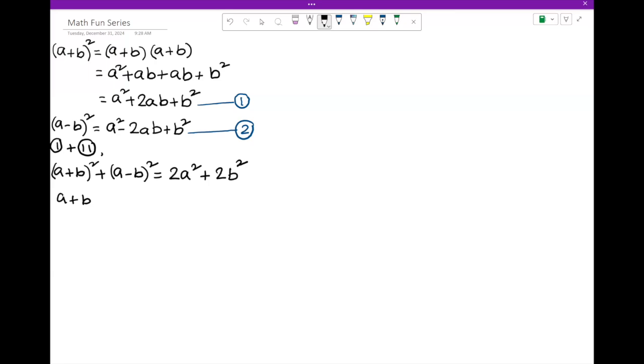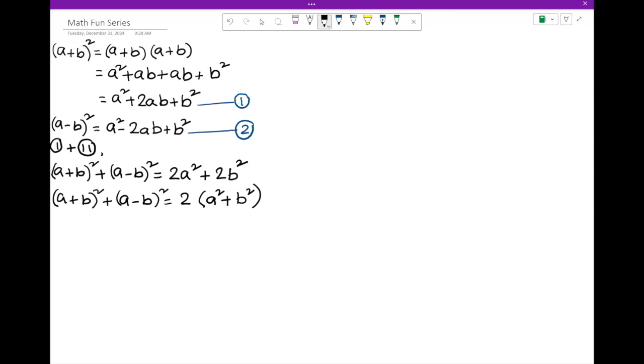So a plus b whole square plus a minus b whole square equals 2 into a square plus b square.